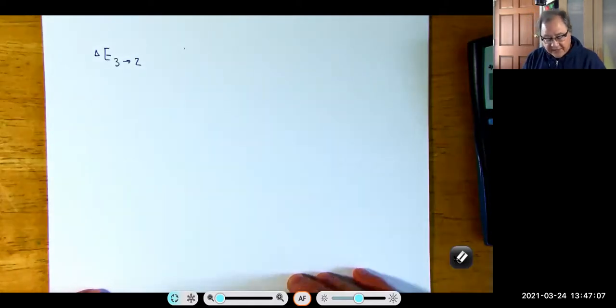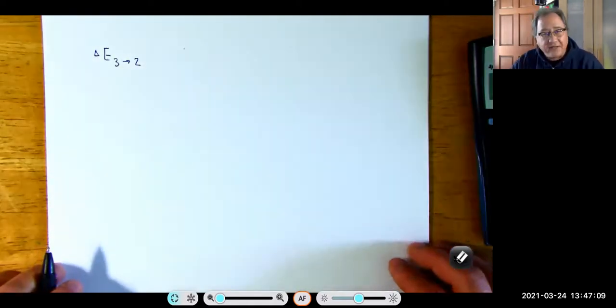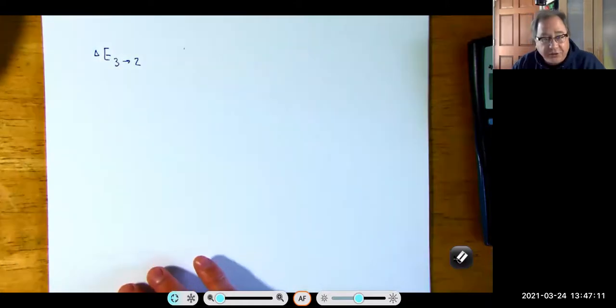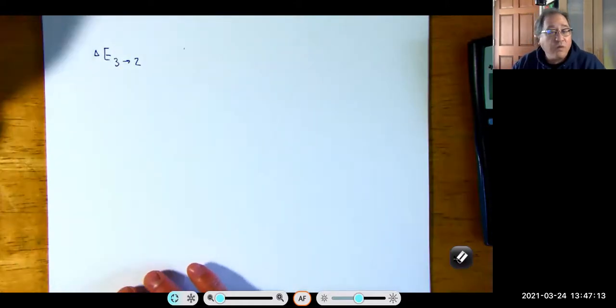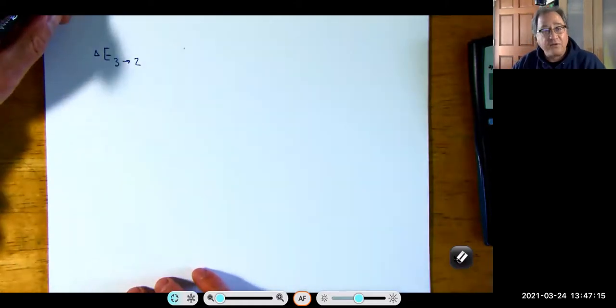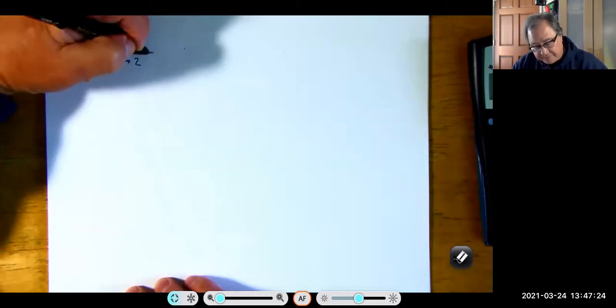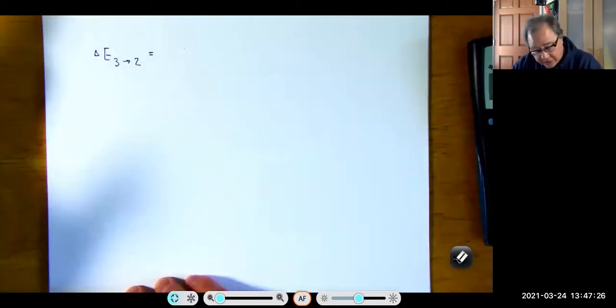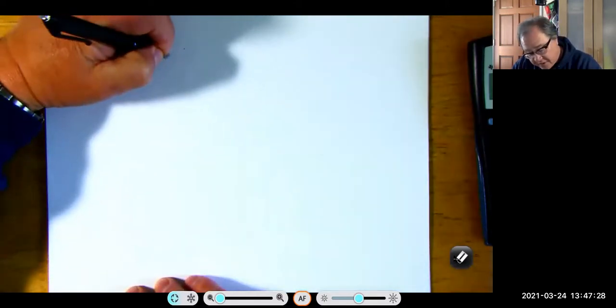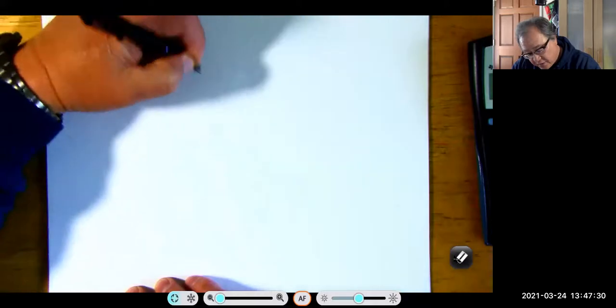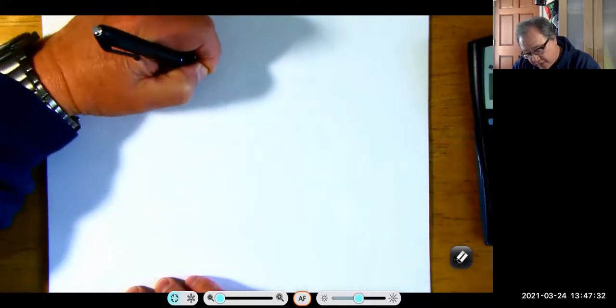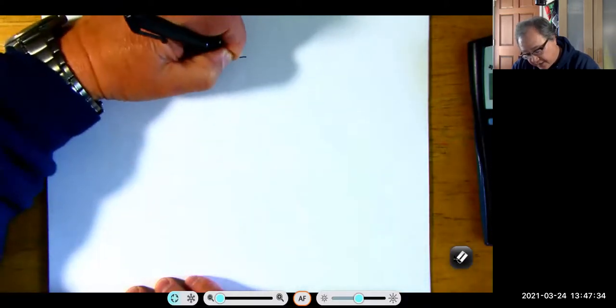And if this were an exam question where you're being asked, calculate the change in energy for 3 to 2, and what wavelength of light is this, and what part of the spectrum is it in? Just like we did for the previous one, how would we set this up? So the way I would start is negative R_H c times 1 over n final squared minus 1 over n initial squared.